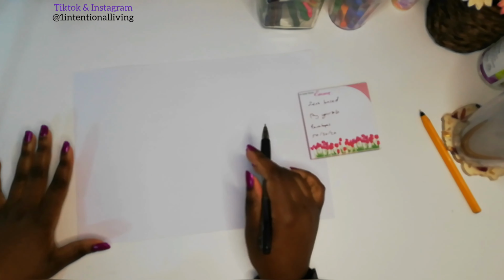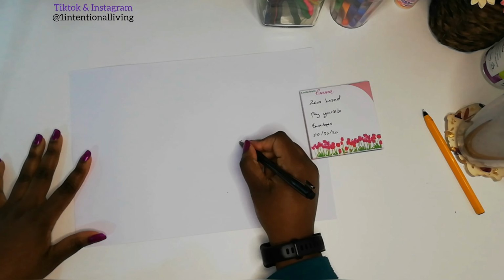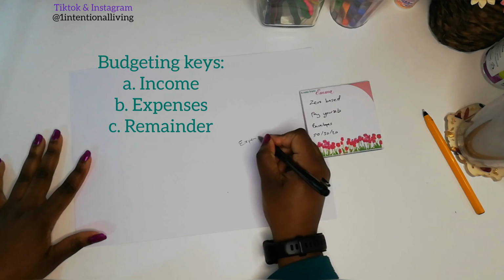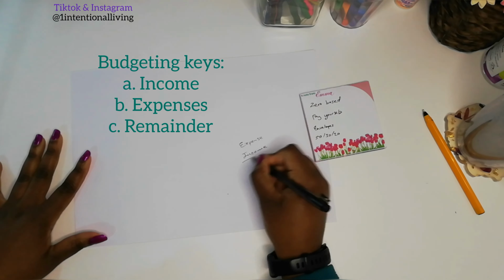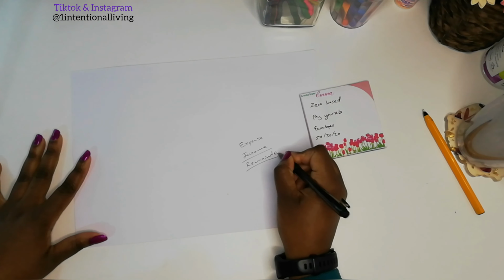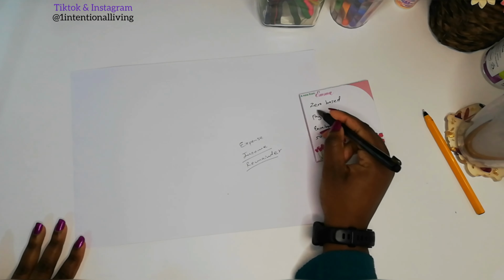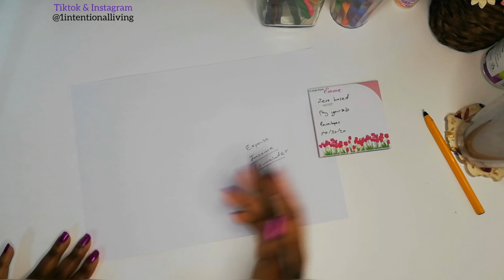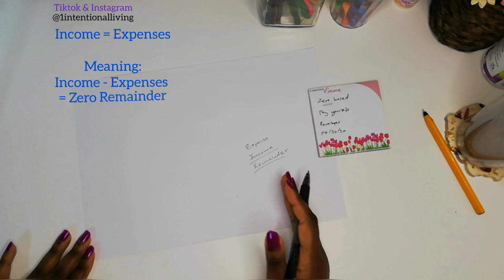Now, in any budget, you have to figure out your expenses, right? Your expenses and your income and what you remain with. Now, this is all it takes to really start a budget. With a zero-based budget, your income is directly equivalent to your expenses.